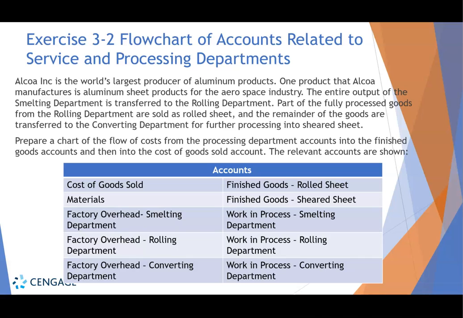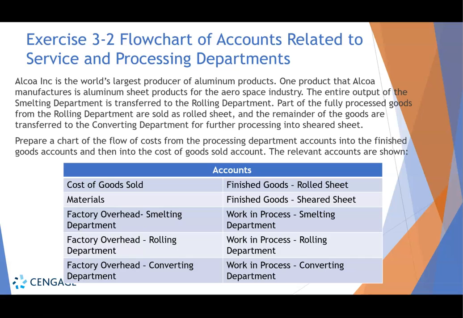So here we're supposed to prepare a chart of the flow of costs from the processing department accounts into the finished goods accounts and then into the cost of goods sold account. And they give us the accounts that we are supposed to be using. So we'll have a cost of goods sold.